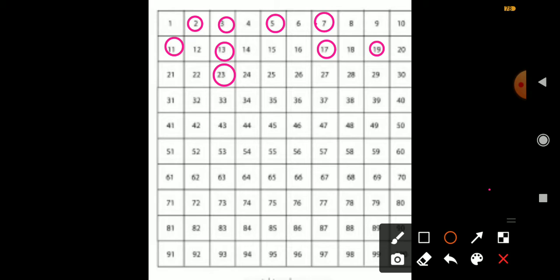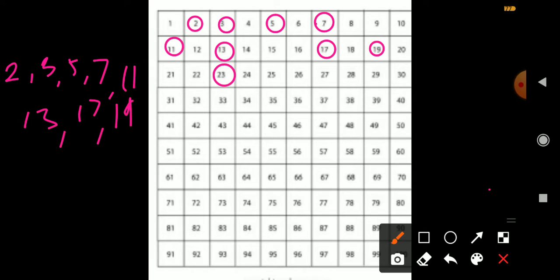You have to circle those numbers which are prime numbers, then you will understand, and note those numbers down. So which are the prime numbers till 20? 2 3 5 7 11 13 17 19 and 23.